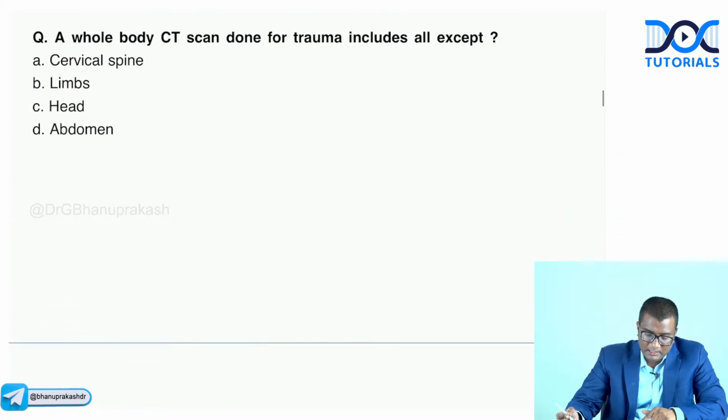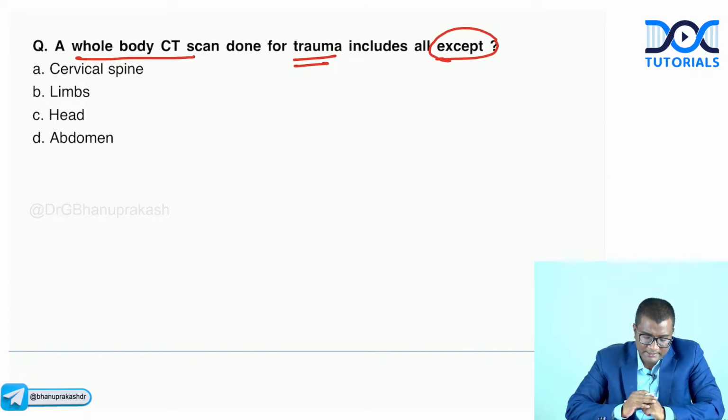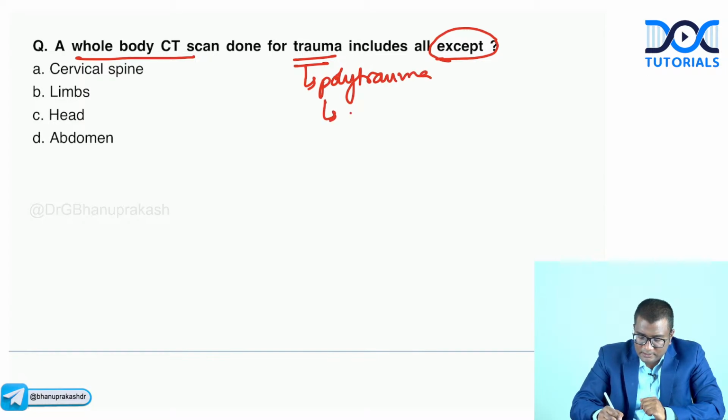Next thing, a whole body CT scan for trauma. In a patient with trauma, when we advise whole body CT, it includes all except what is not included: CT of the spine, CT of the limbs, head CT or abdominal CT. Anybody? Whenever you have a patient with polytrauma, we advise non-contrast CT of the head to look at any head trauma.